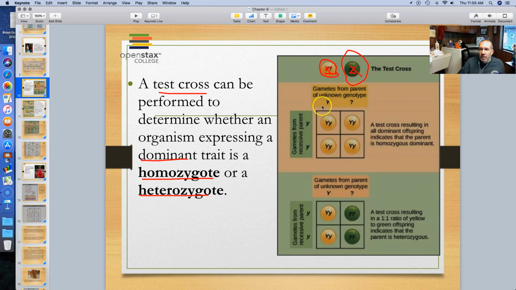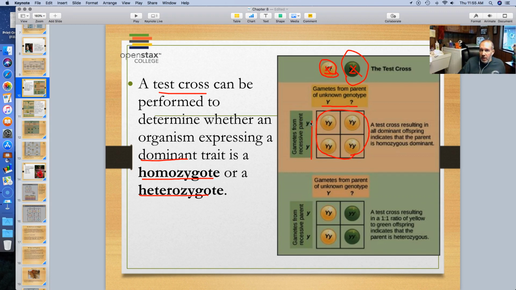So if we breed the individual that's yellow and test cross it with an individual that's green, and again, in this case, if we've got pure breeding yellow plants and pure breeding green plants, remember that means anytime we breed one of these yellows to another yellow, it makes a yellow 100% of the time. And anytime we breed one of these greens to a green, it makes a green 100% of the time. So we breed those together, yellow mated with the green, and again, we already saw that we get 100% of our offspring are yellow.